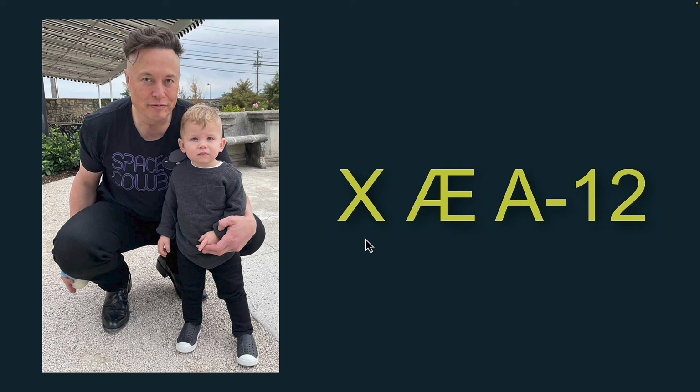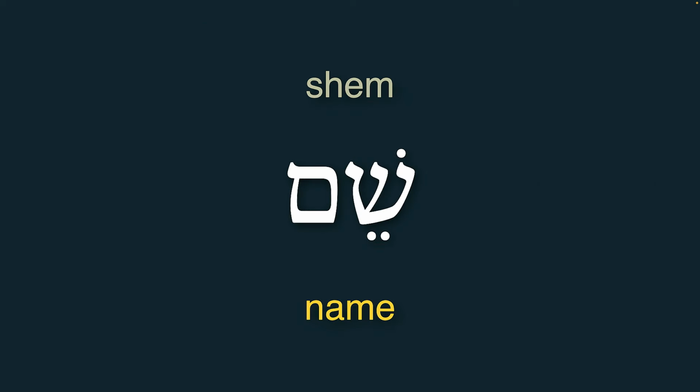Surely Musk might know what these letters mean, and maybe they know something, but certainly not common people. So this looks pretty much like a tag. But in Hebrew, we have this word Shem. Shem means name, and we'll talk about the significance of this word and its link to other words a bit later on.